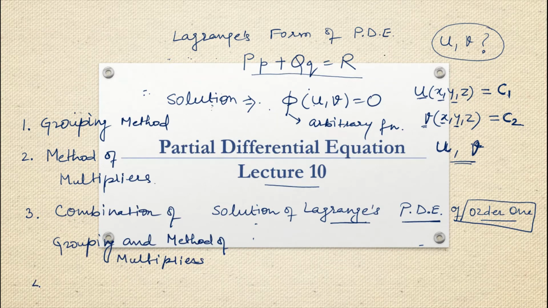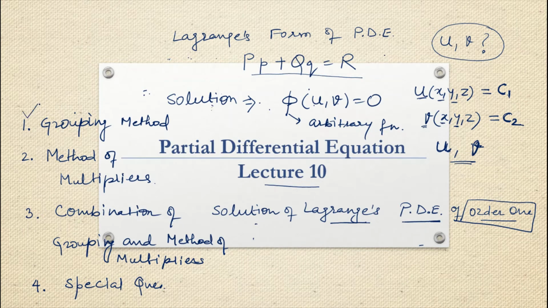And we will be having one more lecture on some specific type of questions where, if we apply both grouping and method of multipliers, it won't be that easy to solve. So that will be some special form of questions, and those special questions we will be seeing.